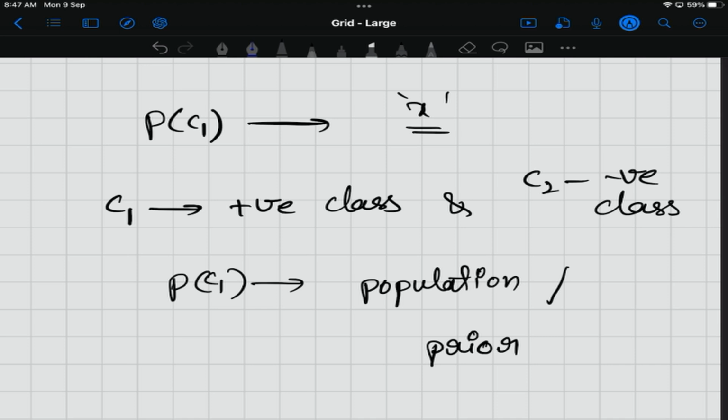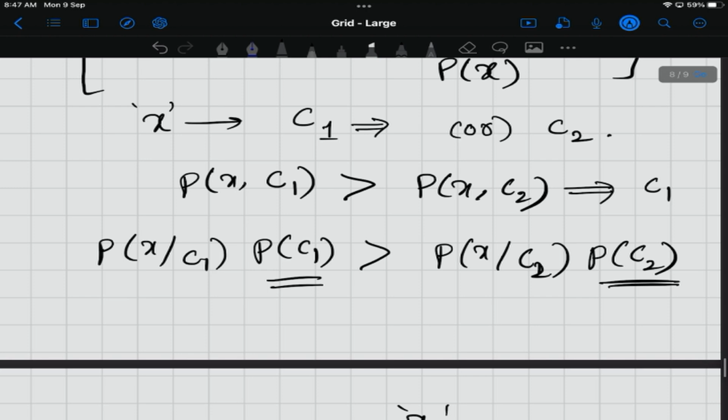So when you don't know the prior, you are just assuming that P of C1 is equal to P of C2 when X is not known. So in that case, you can just cancel out these two. Then this is the joint; when we started, I told you that to minimize the probability of mistake, use this condition to do your classification.